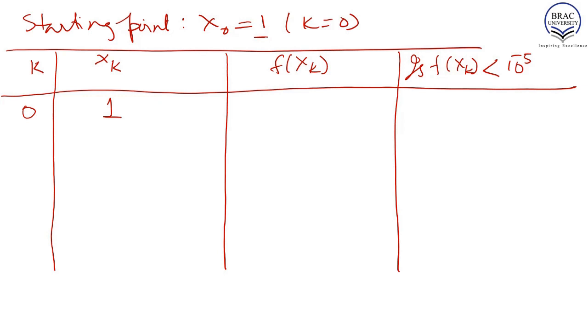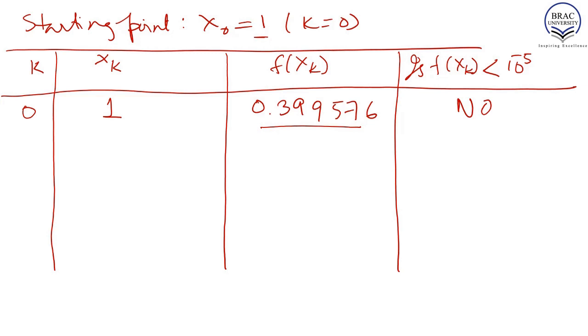So f of xk will be 0.39956. Now you can look at here, I'm keeping 6 decimal places. Why? Because we need to answer within 10 to the power minus 5. So I keep 6 decimal places, and then you can round it off. If the fifth decimal place is 0.00001, we are done. That's the idea. And definitely this value is not less than 10 to the power minus 5.